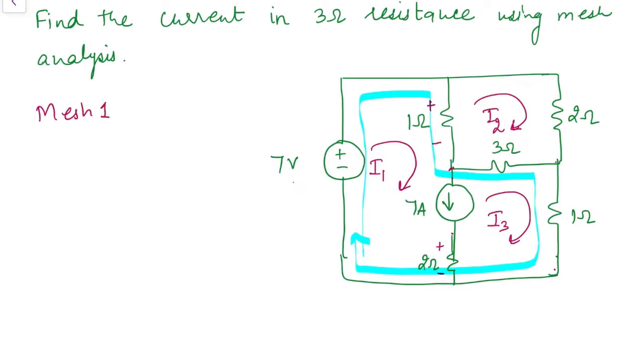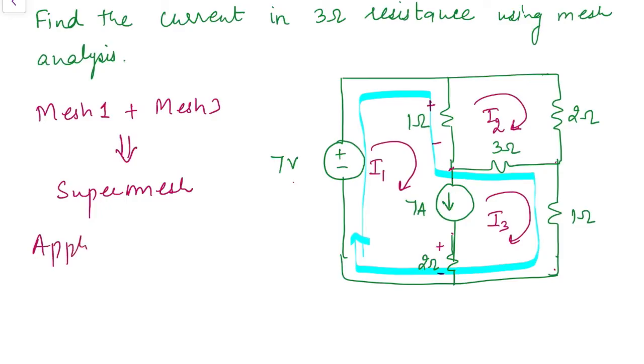So mesh 1 along with mesh 3 are combined together to make a super mesh, and then we have to apply KVL to the super mesh. Now let's assign the voltage drop polarity according to the direction of current of I1 and I3. I had already marked it for I1, let's mark it for I3 as well.